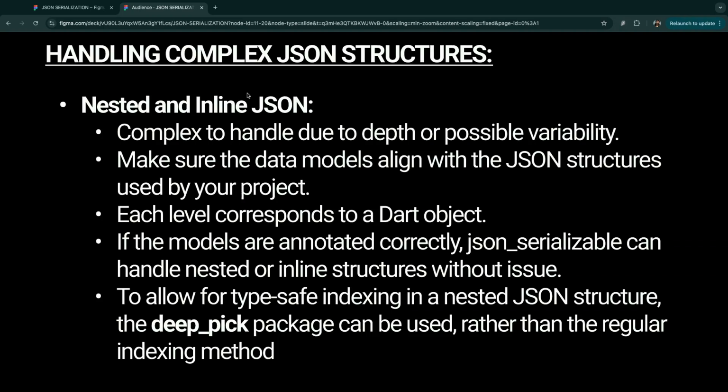When you're creating a nested structure, each level will correspond to a different kind of Dart object. The second basic requirement is, of course, the annotations as discussed in the previous examples. If your models are annotated in the right way, JSON serializable can handle these nested structures without encountering any errors whatsoever.